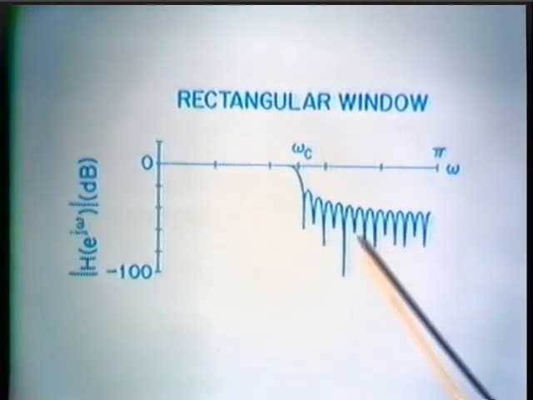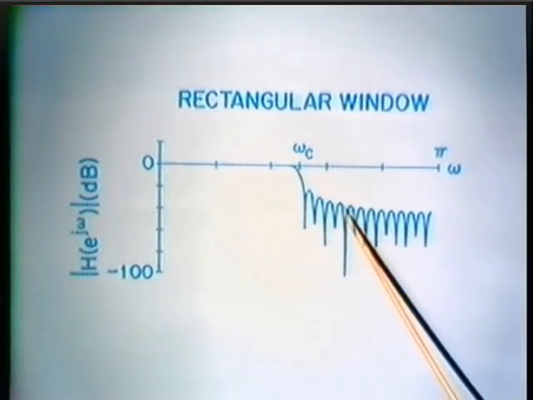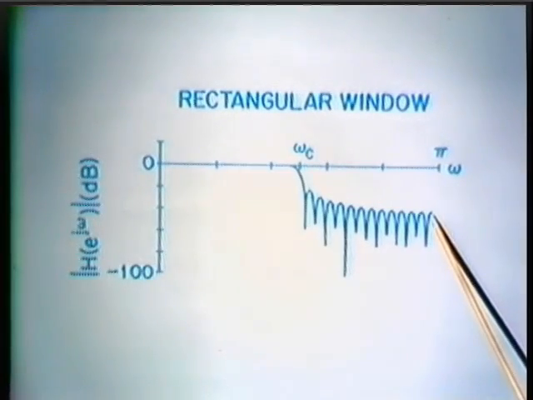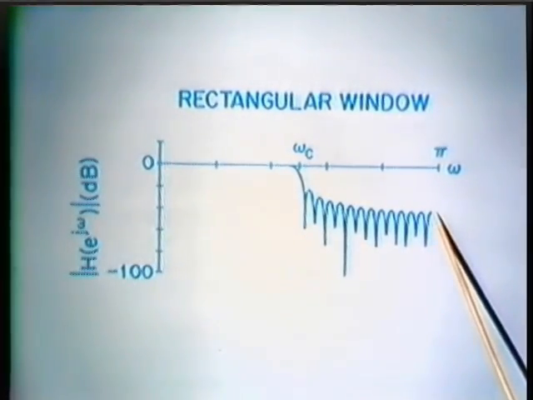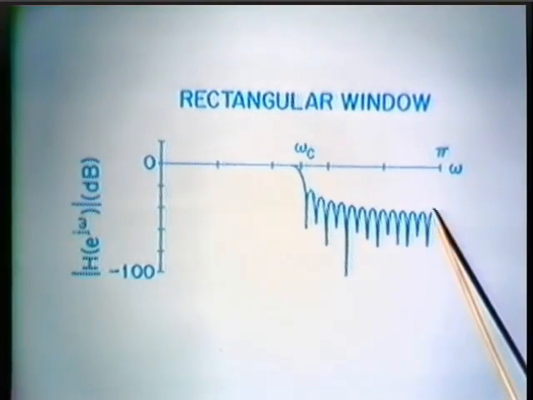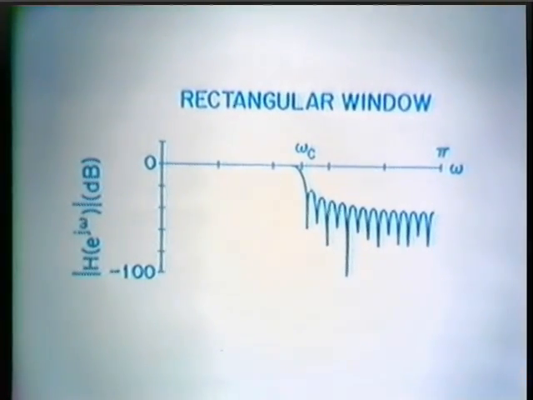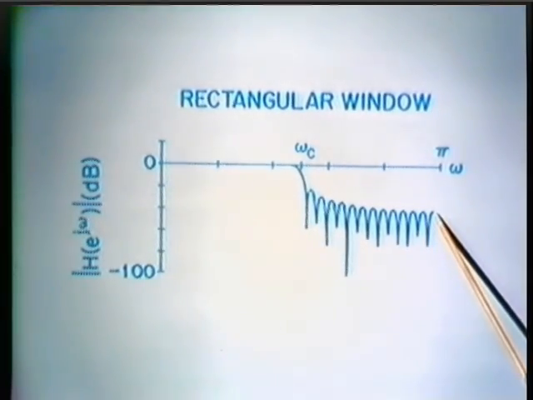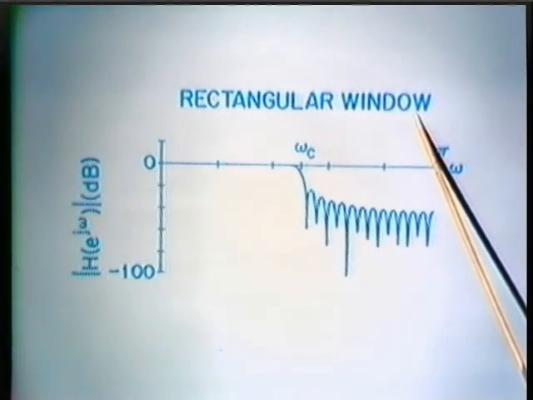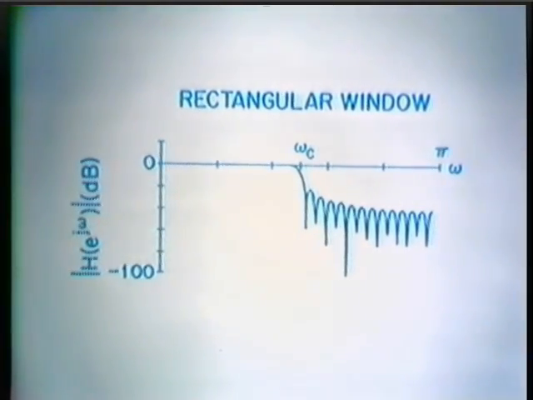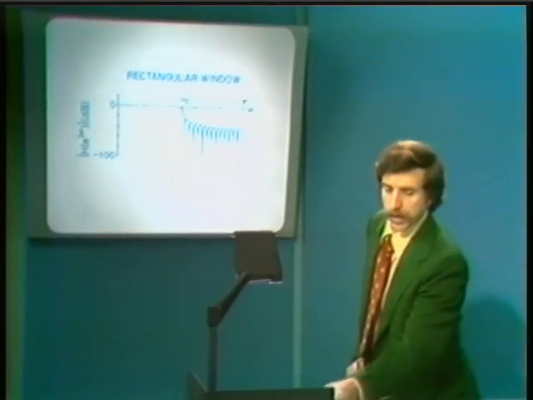And you can see also that the asymptotic behavior of this, for this particular example, is in the vicinity of minus 20 dB attenuation in the stop band. So this then is an example of a low-pass filter that could be obtained by applying a rectangular window to the ideal low-pass filter.